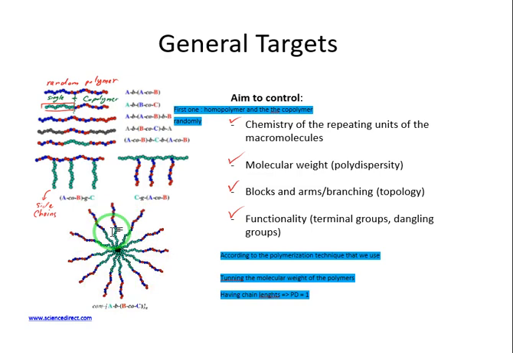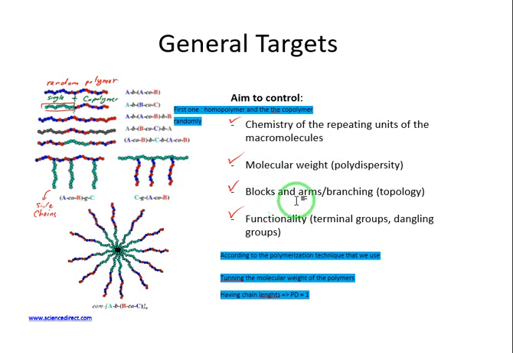The ability of producing different types of macromolecules, as I said, depends on the type of polymerization technique that we are going to use. The polymerization techniques will have effects on the repeating units, on the molecular weight, and on the branching.